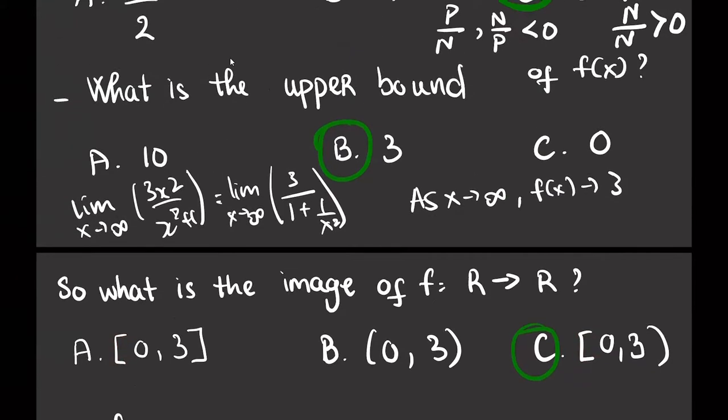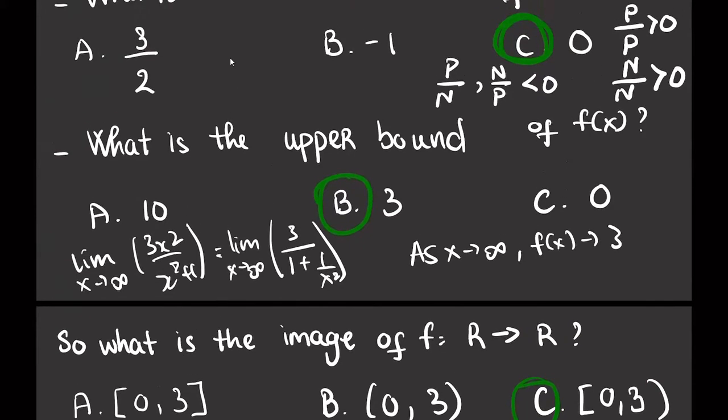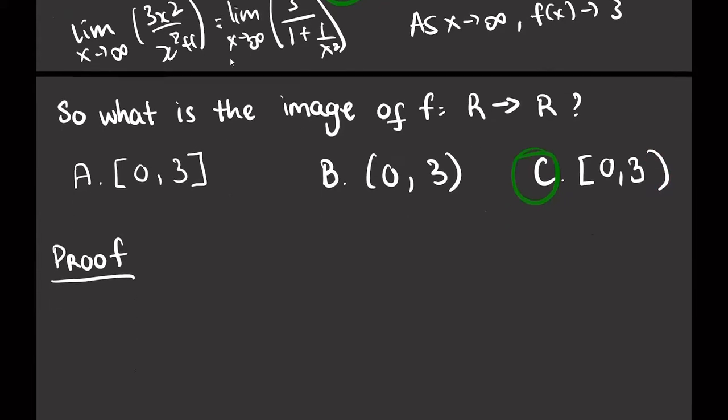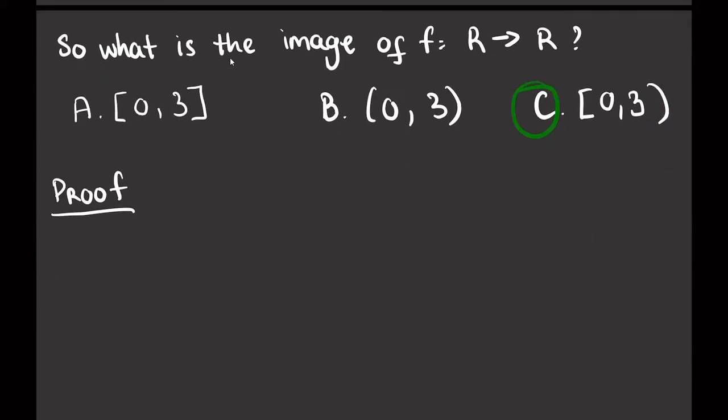However, it should be a round bracket here because it's a definition of limit. Like you are just approaching it. You are getting closer and closer to it, but you cannot really touch that point, right? So that's why it should be the round bracket here, and we will actually prove it.